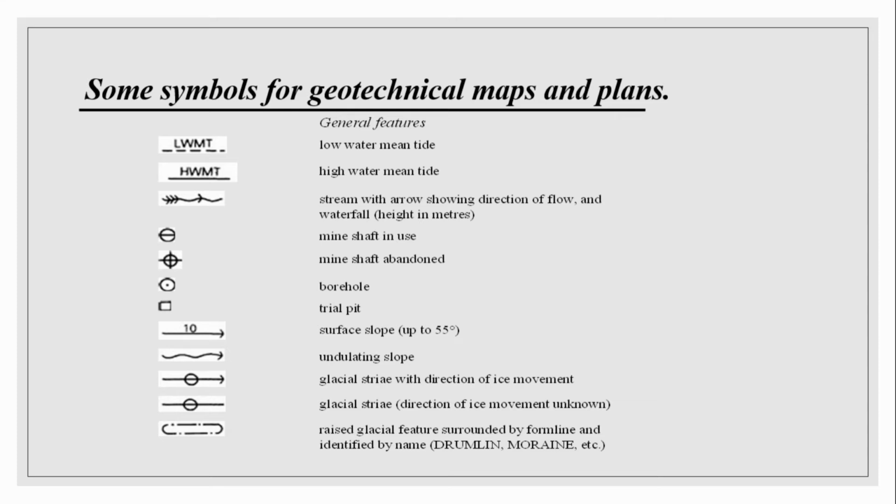For general features, we have here the low water mean tide, high water mean tide, stream with arrows showing direction of flow and waterfall or height in meters, mine shaft in use, mine shaft abandoned, borehole, trial pit, surface slope up to 55 degrees, undulating slope, glacial striae with direction of ice movement, glacial striae with an unknown direction of ice movement, raised glacial feature surrounded by form line and identified by name, drumlin, moraine, etc.